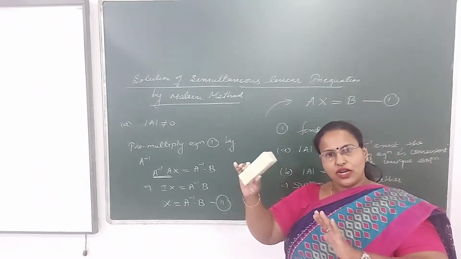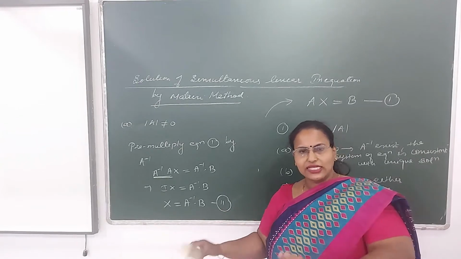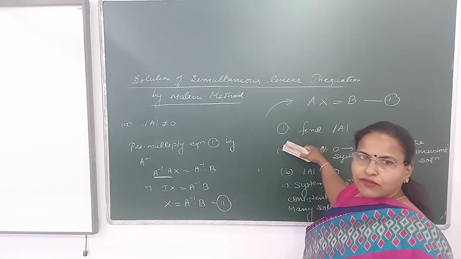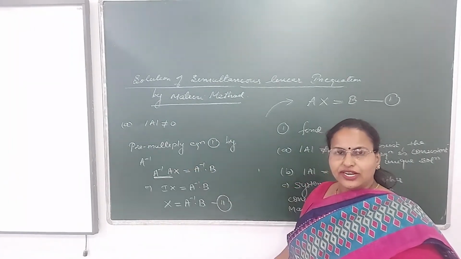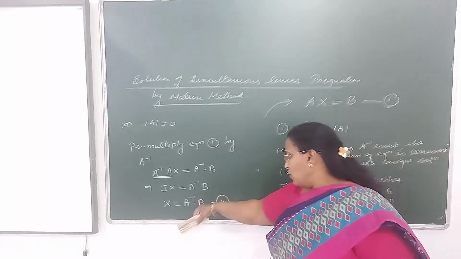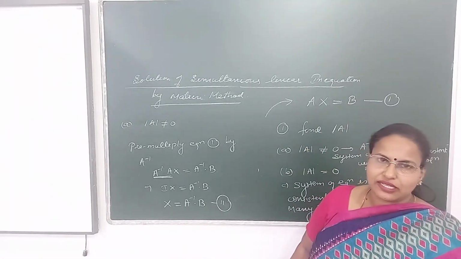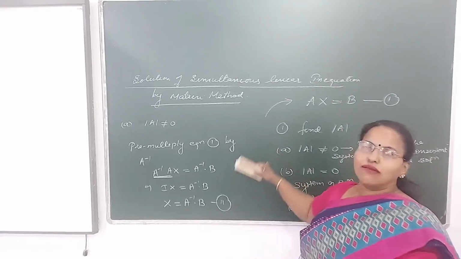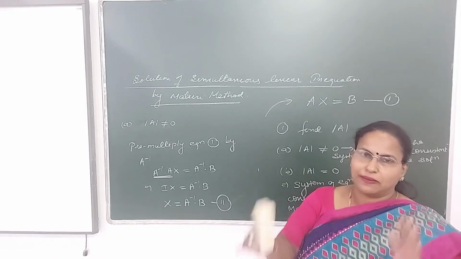Now this particular question has all the concepts like finding out determinant, finding out inverse. For inverse, adjoint is required. Then finally you will be multiplying and then applying the concept of equal matrices. So this is a complete question, and if it comes then definitely it is for 5 marks as per the new marking scheme.